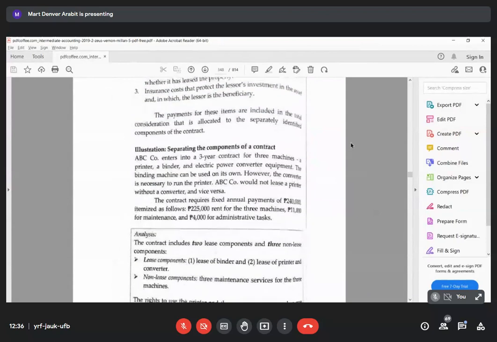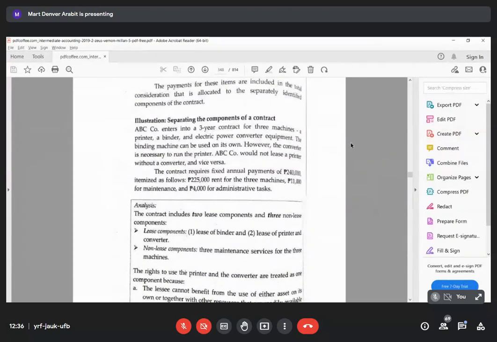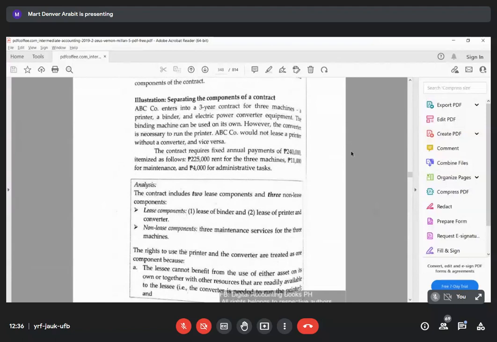Separating the components of a contract. Then ito siya. Okay, so the lease components in this example are the lease of binder and printer converter. A non-lease component is the maintenance services for 3 machines.